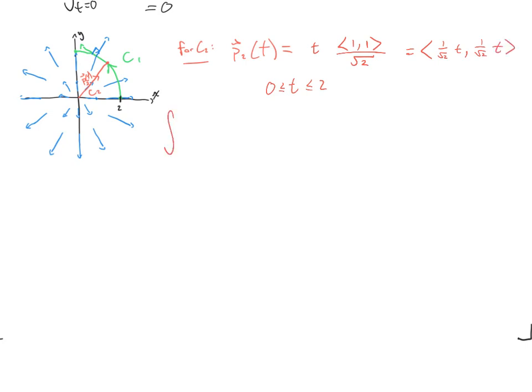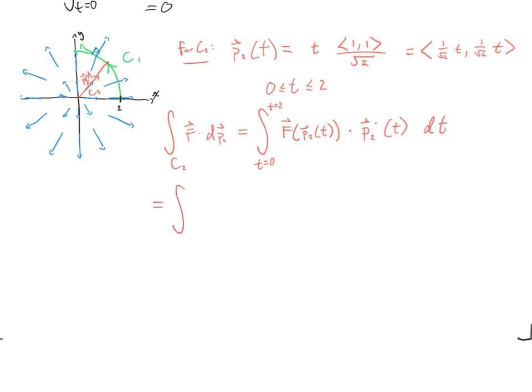So my integral over C2 of F dot dP is, let's do this a different way. This is time t equals 0 to t equals 2 of F of P2 of t dot P2 prime of t dt, and I put a dot there, but it's just ordinary multiplication, so just dt. And now each of these I can fill in on their own.